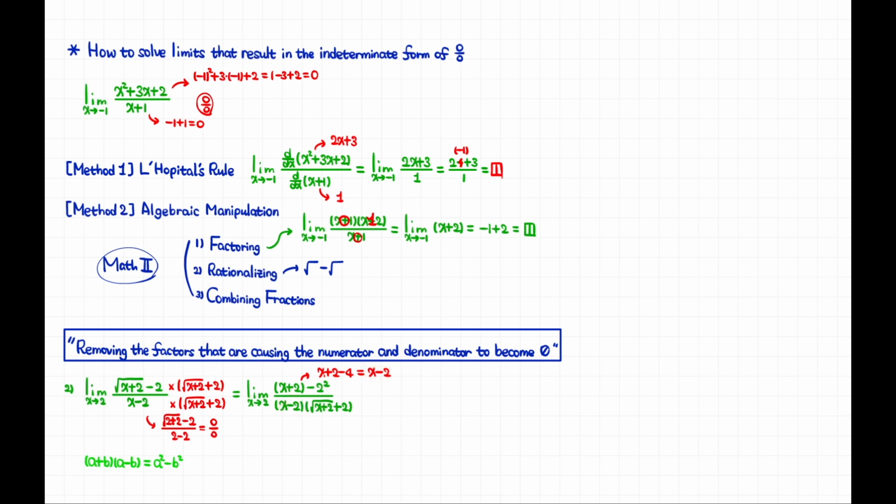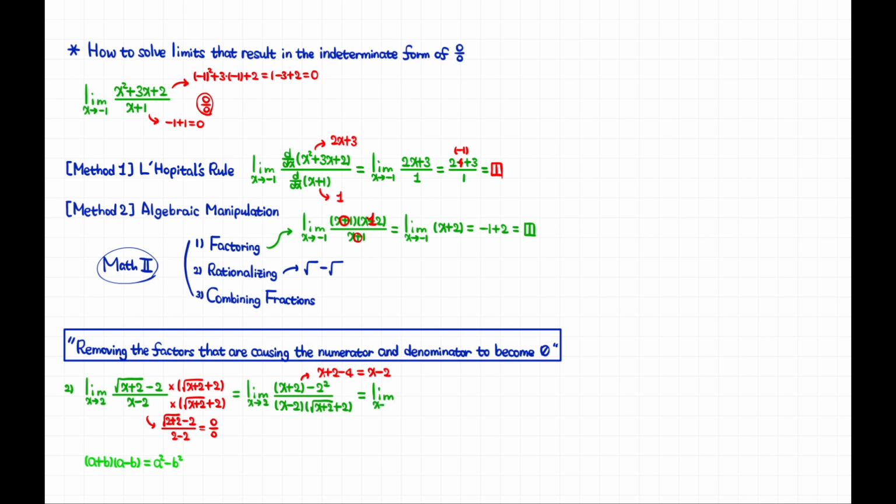So what did we just do? We transformed the expression to make that hidden zero factor visible so that now we can cancel it out. Before the manipulation, we couldn't cancel anything, but now after rationalizing, we can. That's the key point. And once we cancel out that zero factor, we're no longer stuck in a 0 over 0 situation.